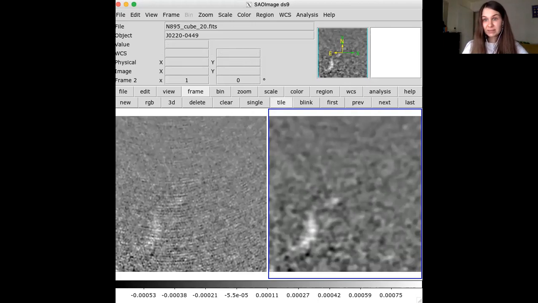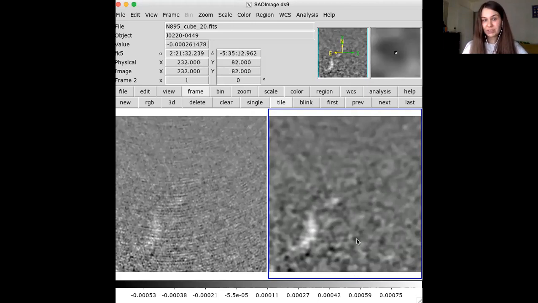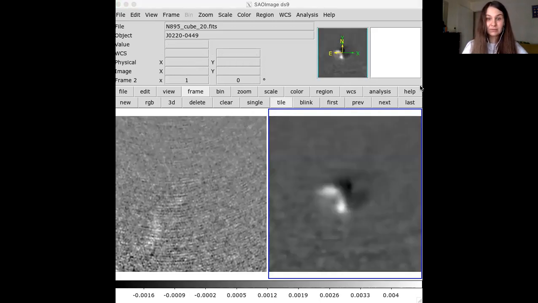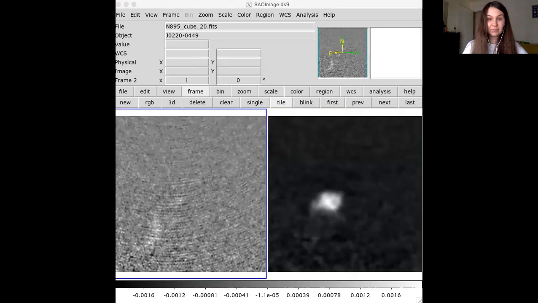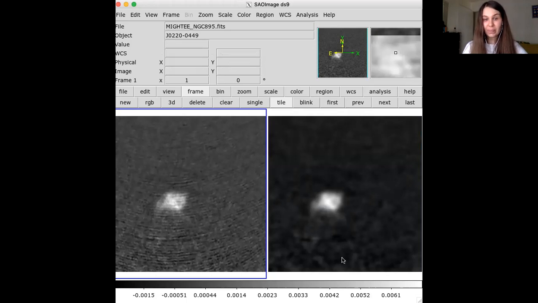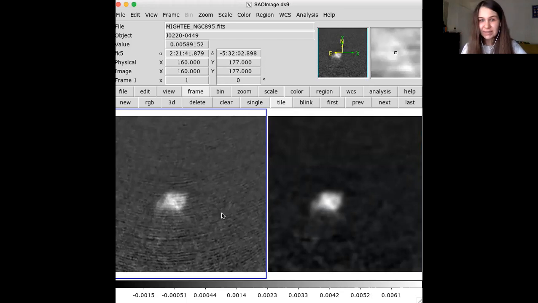This is exactly the reason why we do this exercise, just for our emission to pop up a little bit more. Here you also see, for example, in this channel, that the emission stands out much further than the noise in comparison to this cube. However, you also see that little fine structures and details will be lost, and you will end up with just a blob of emission.